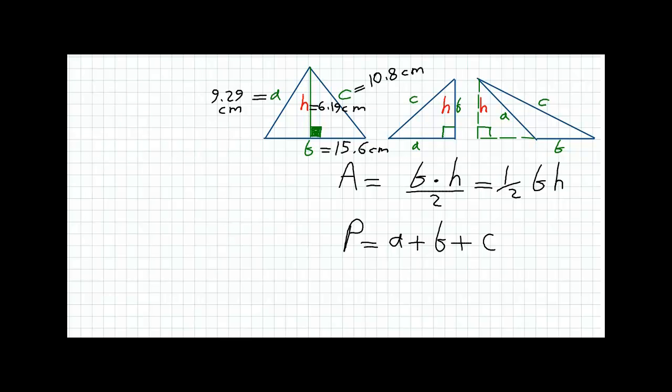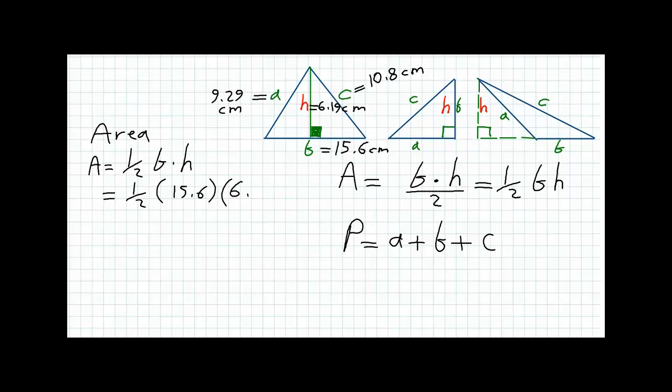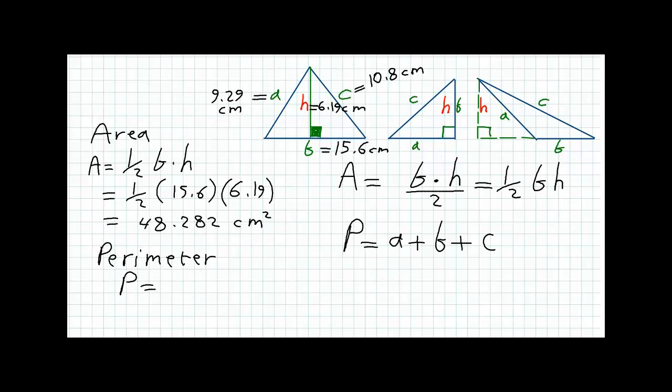To find the area for this triangle, we will multiply half times the base times the height, which is equal to half times 15.6 times 6.19, and this is going to be equal to 48.282 squared centimeters.